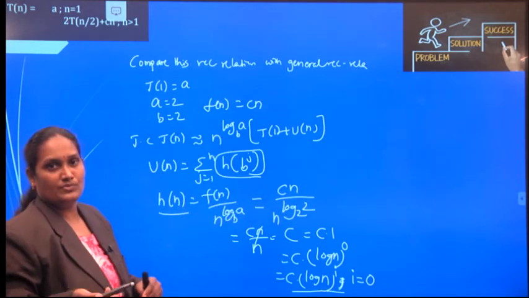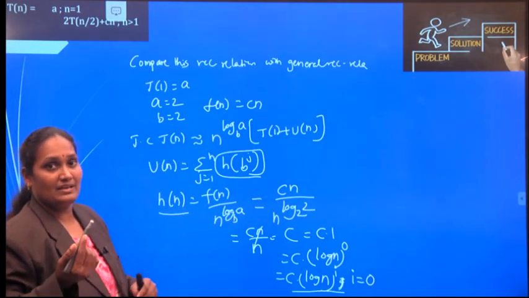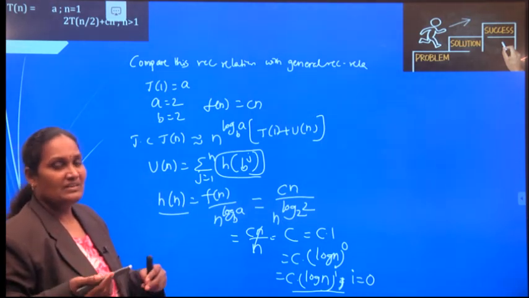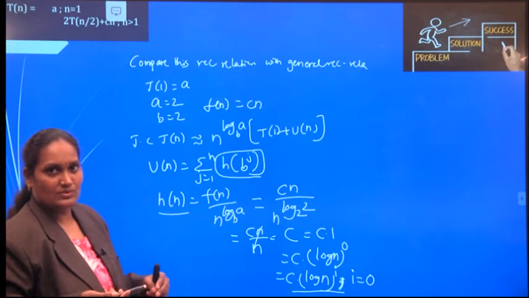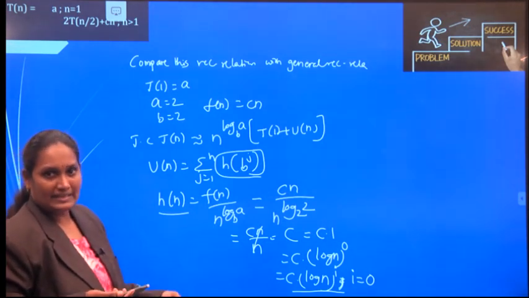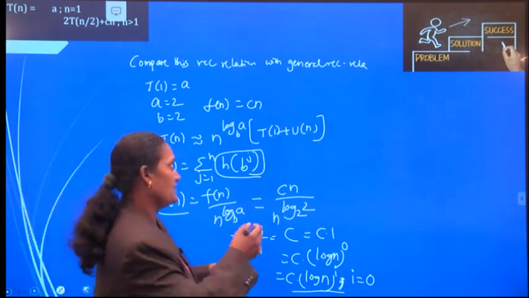What is the corresponding value of U(n)? While we were explaining the divide and conquer general method, we saw a table which gives the corresponding values of U(n) for h(n). If you refer to the table, you can identify the value of U(n).